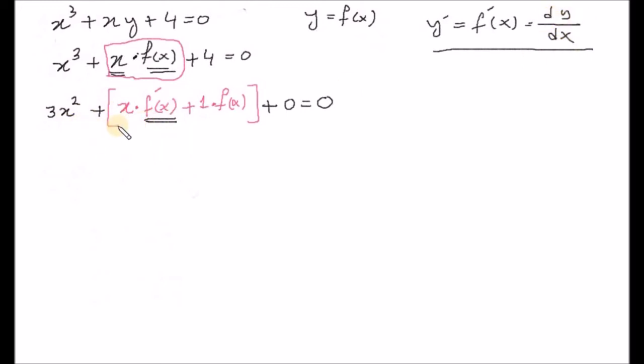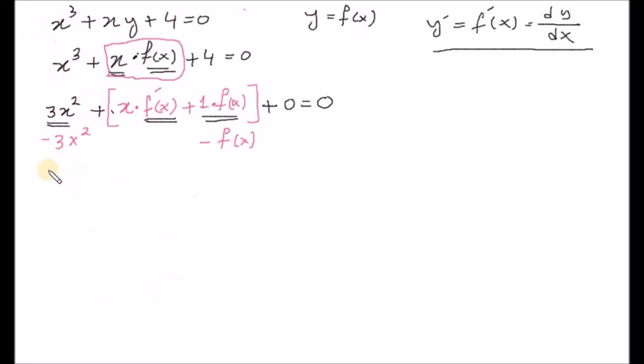To do that, I am going to remove every term that doesn't have f prime and kick it to the other side, and I'm going to leave this term that has f prime on this side. So I want to remove 3x squared and I want to remove f of x. The 0 and 0 will cancel anyway. So I'm going to subtract 3x squared and I'm going to subtract f of x.